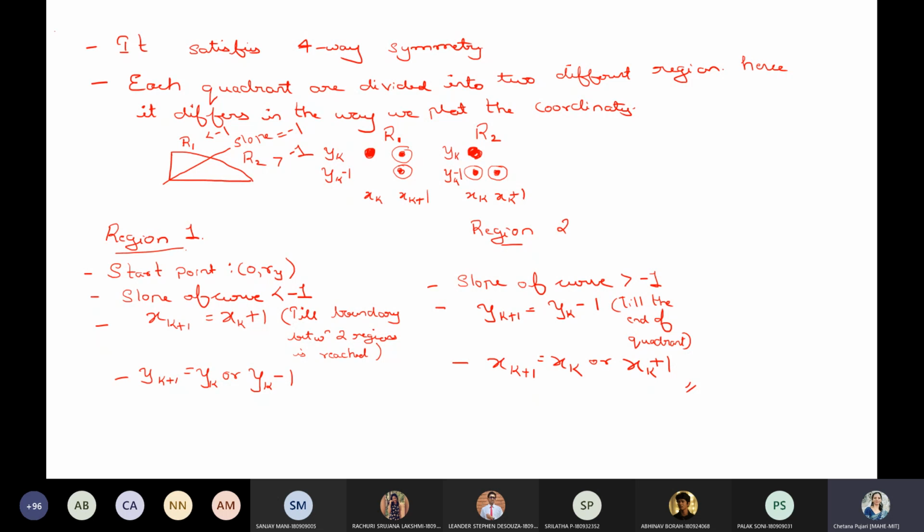In region 2, slope is greater than minus 1 and y value will be decremented at each iteration, and for x value you make a decision whether you need to increment it or continue with the same value. So based on this, we are going to do the derivation for region 1 and region 2 separately. In today's class, let's continue with the derivation of region 1.